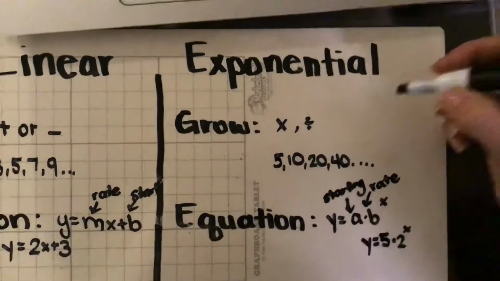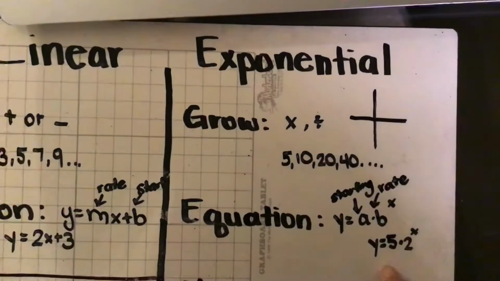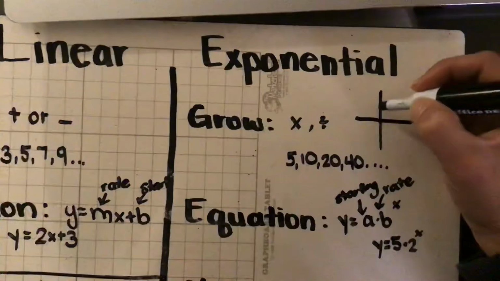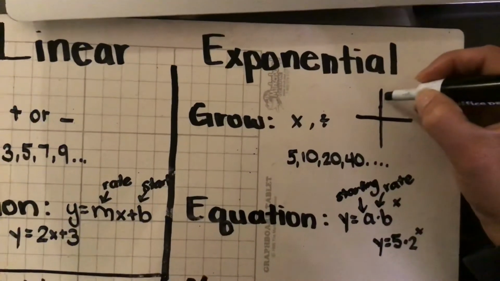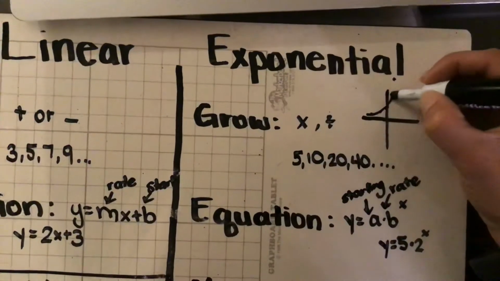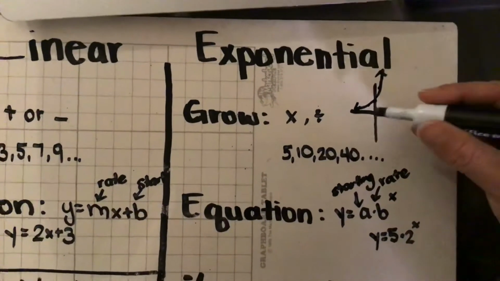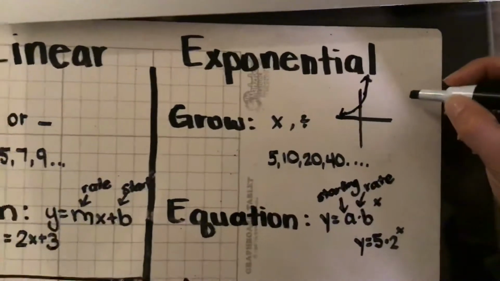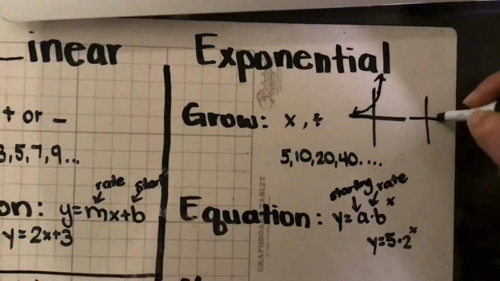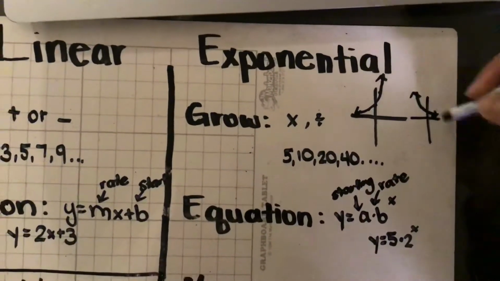Okay, exponential, if we want to look at the function of that one here, the y-intercept was 5 in my example, so I'm going to start at positive 5, and it's going to double each time. And it's going to look something just like that. That's going to be called exponential growth because it's going up. Exponential decay, on the other hand, is going to look something like this, where the graph is going down from left to right.